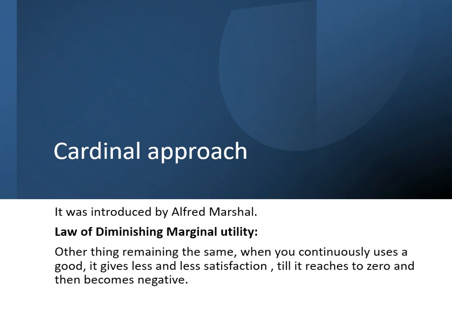So other things remaining the same means that there is no change in any other factors, and when we continuously use a good, it will give us less and less satisfaction, and then it will become zero. And if we still continue to use that product after that point, then utility becomes negative.